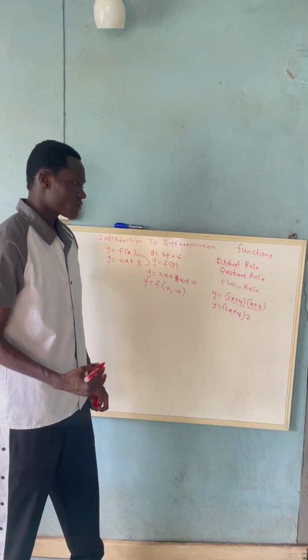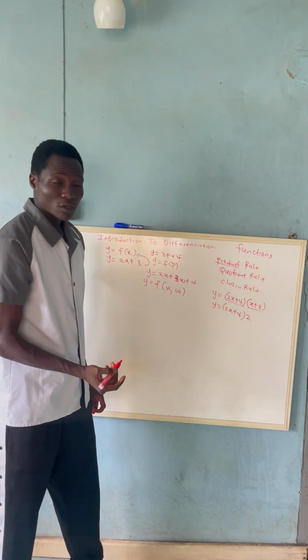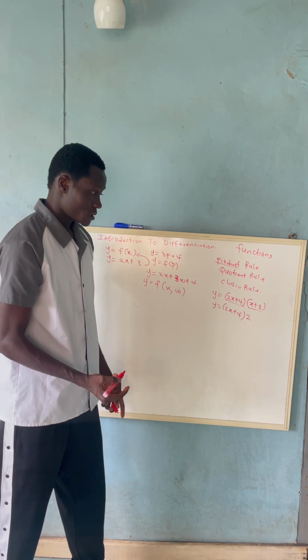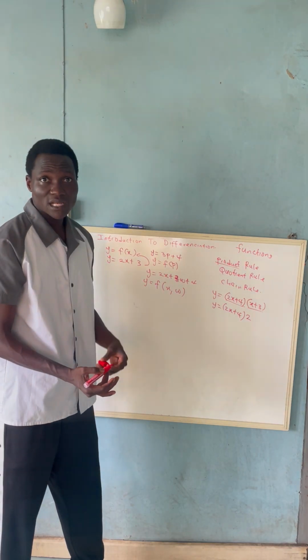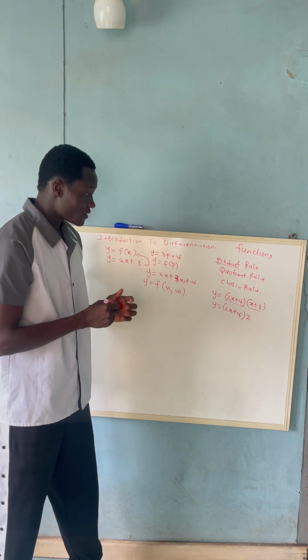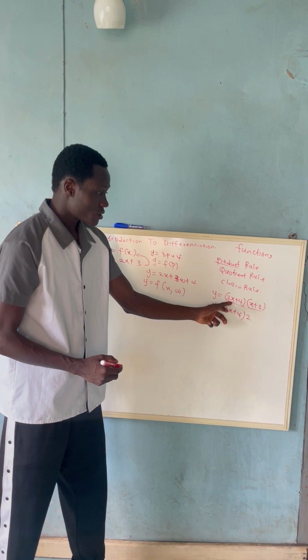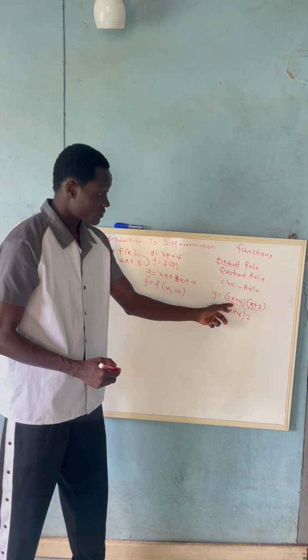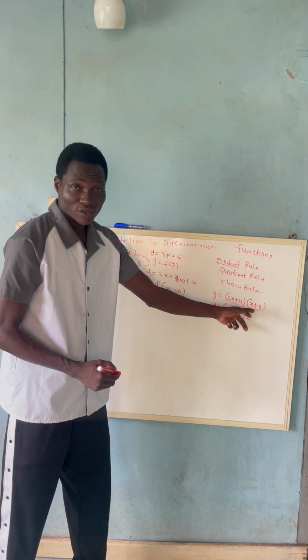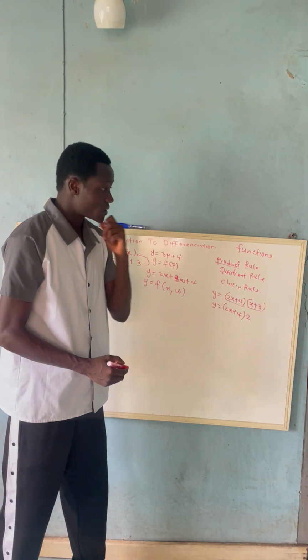I'll be saying x, but that does not mean that all the functions must be in respect to x. It might be p, it might be w, it might be any other thing. But the condition is that if the independent variable here is x, the one here should also be x. If this is y, the one here will also be y.